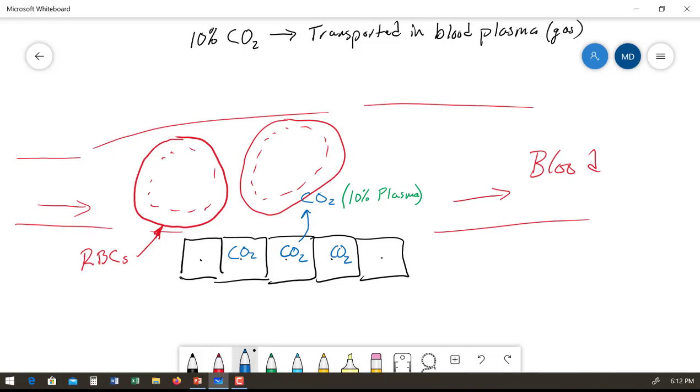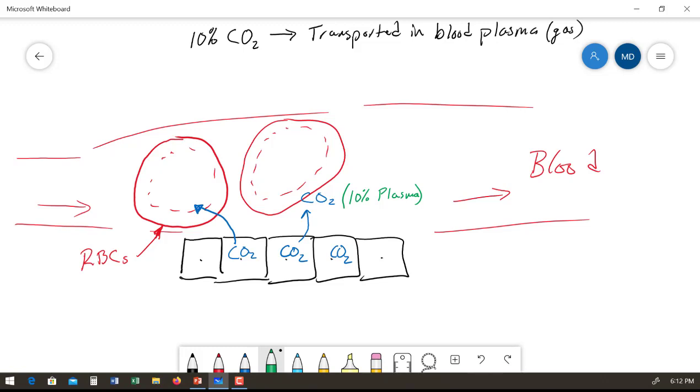Some of the CO2, so let's bring the CO2 here, is going to go into the red blood cell itself. Here, it's going to combine with hemoglobin, which to me is a little unusual, but a lot of people believe this to be true for all carbon dioxide, but it's not.